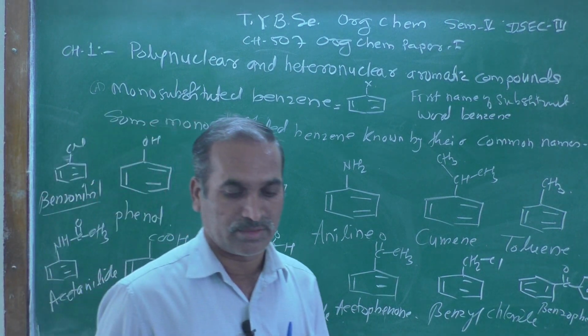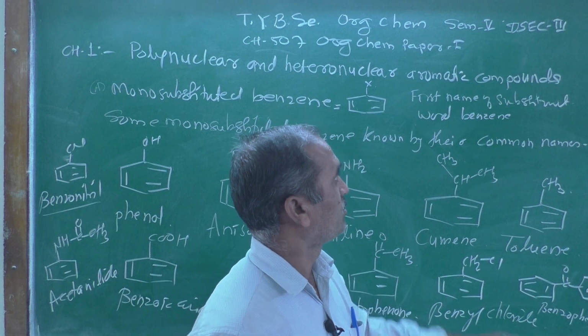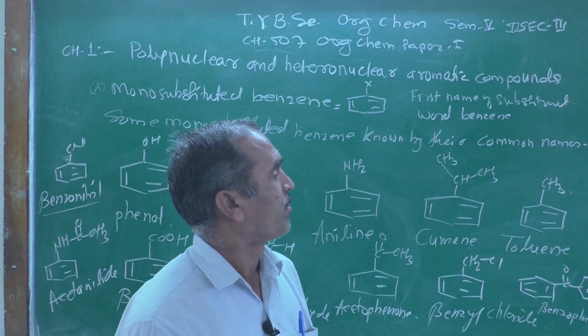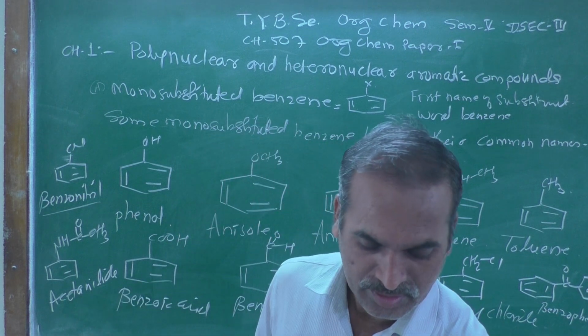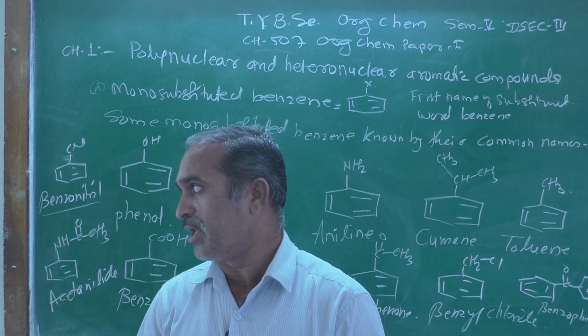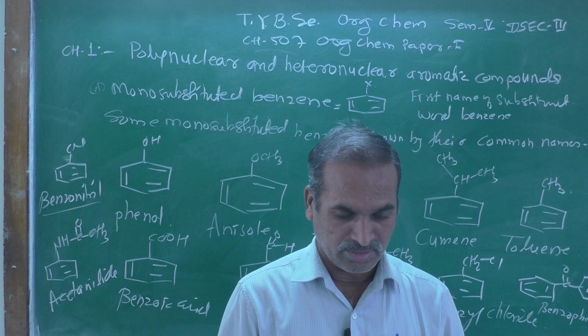So these are the different monosubstituted compounds. This is a general overview of what we have discussed here. I think the remaining discussion we will cover in our next lecture.